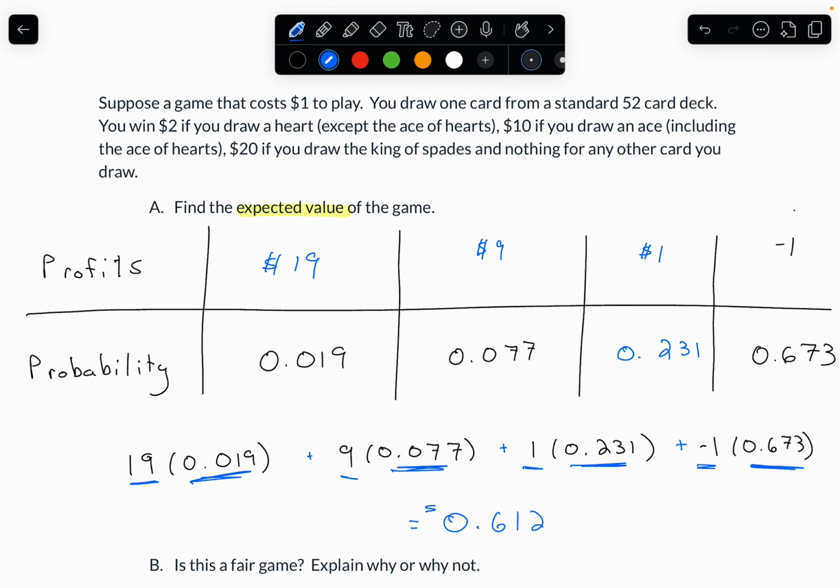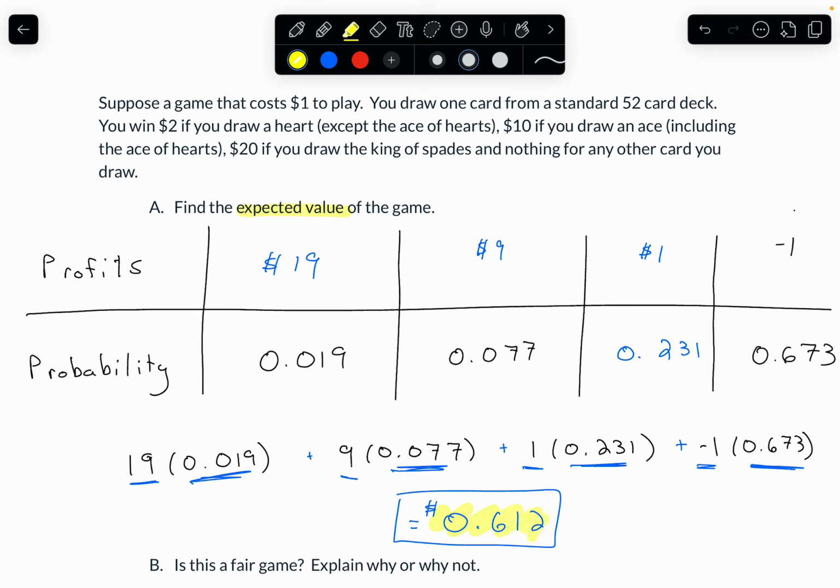What this represents is the average amount that you can expect to win if you were to play this game many times. Think about tens of millions of times, really infinitely many times, but millions, billions of times works too. Now, you're never actually going to win this amount of money.